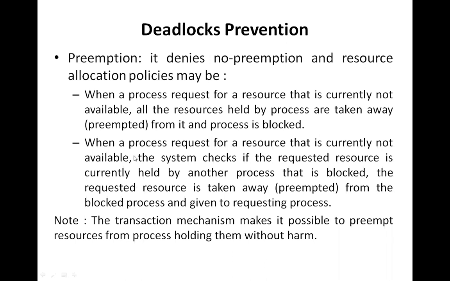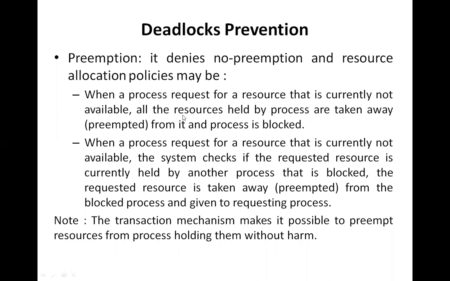The first policy: when a process requests a resource that is not currently available, all the resources held by the process are taken away, that is, preempted, and the process is blocked. The process is unblocked when the resource requested by it and the resources preempted from it become available and can be allocated to it.